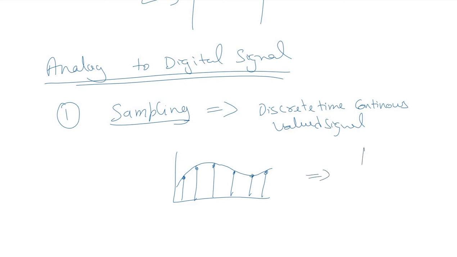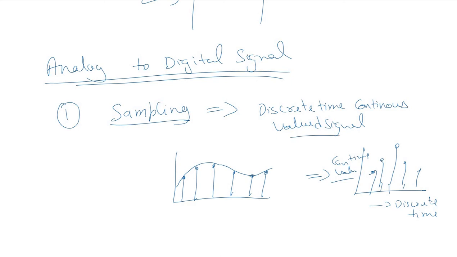So what we get is discrete time instants, but continuous values, infinite values can be accommodated here. So after sampling we get a discrete time continuous valued signal. This process is known as sampling.